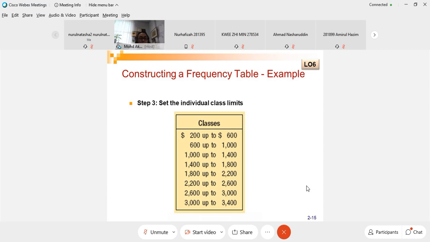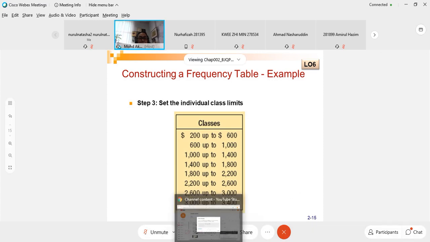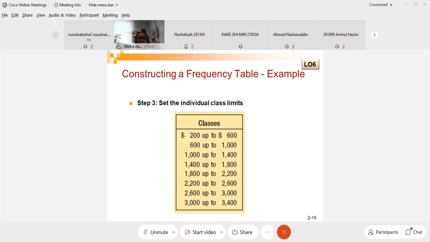So now, step number 3, we need to set individual class limit. Okay. How we set the individual class limit? Here we have 1, 2, 3, 4, 5, 6, 7, 8. So we have the 8 groups, we have the 8 classes. How we get 8 classes?